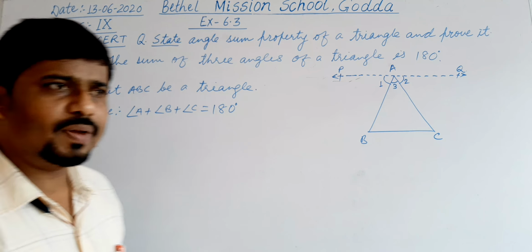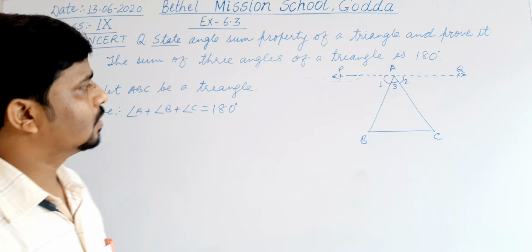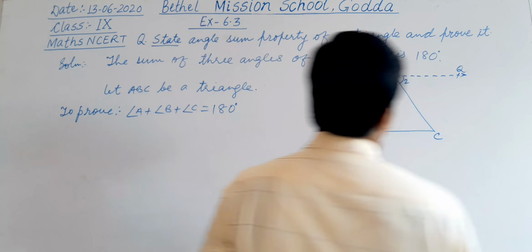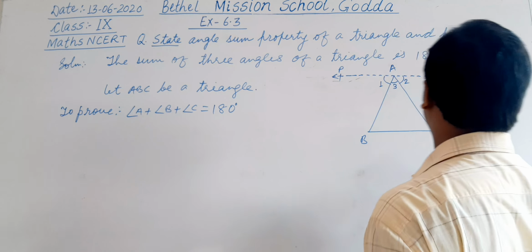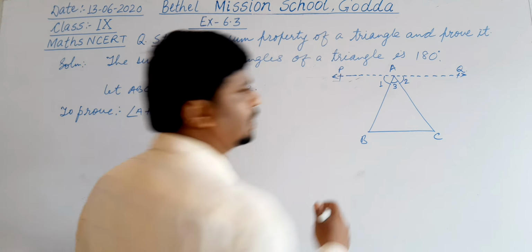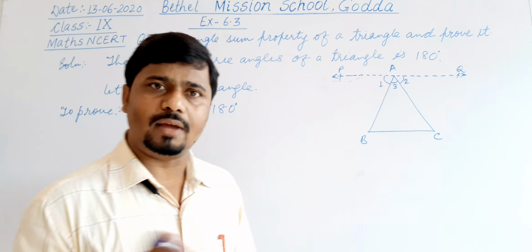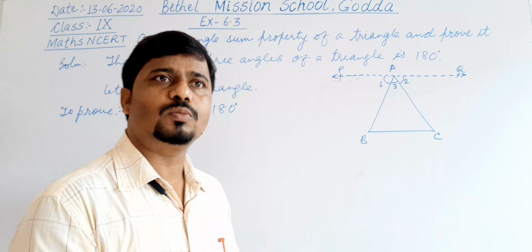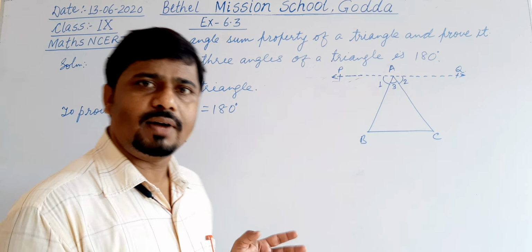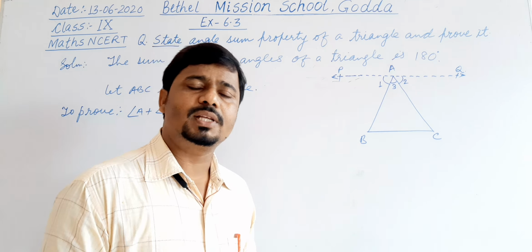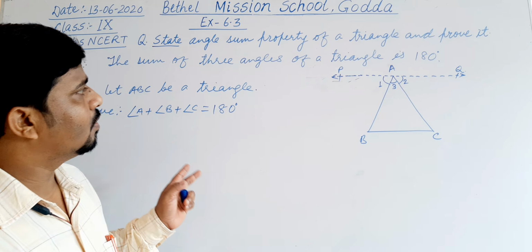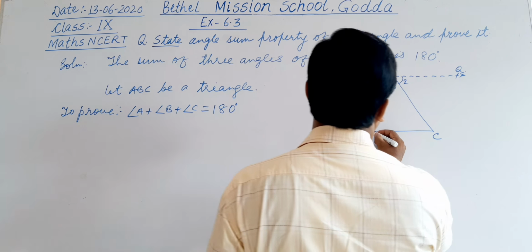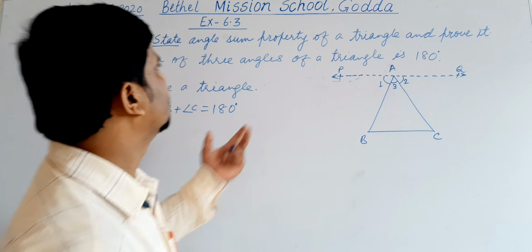You know, for proving anything, three things are very important to know. First, the things given, after that what we are going to prove, and after that the evidence with the help of which you will prove the asked thing.